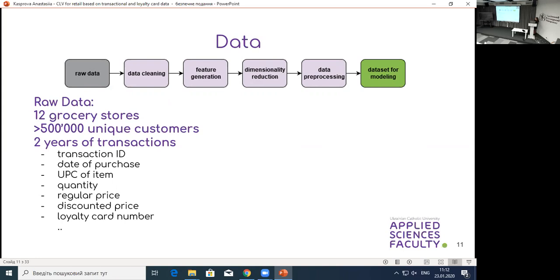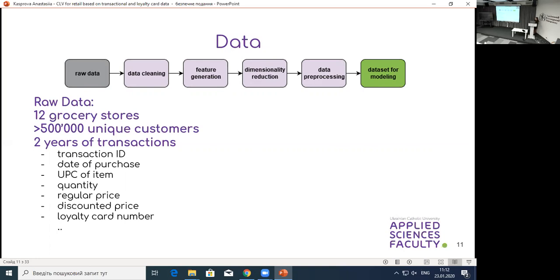But it was raw data, and for research, there are different models, so we have to prepare the data set for modeling. The data first should pass through the data preparation pipeline. The data was cleaned, we generated the features, and then we applied dimensionality reduction and data preprocessing where it was needed.